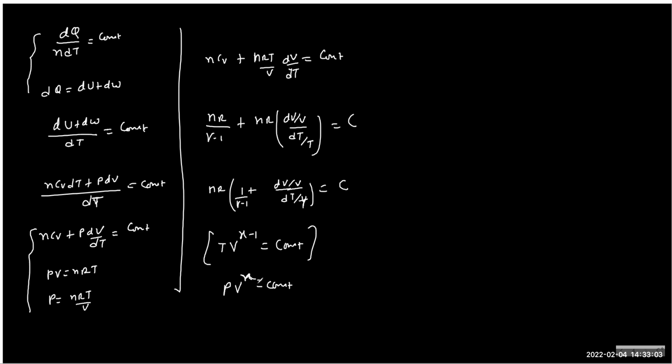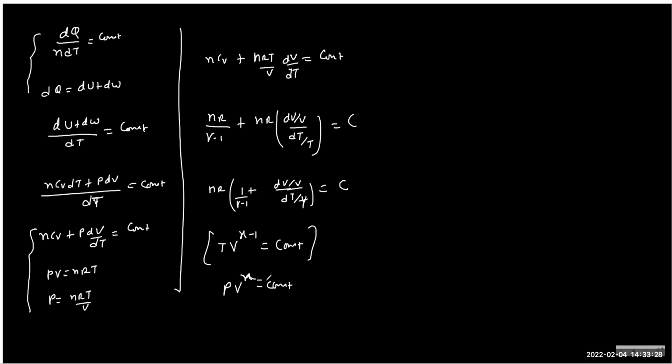There are multiple ways to derive. I just took a different path, but we can derive it. It's not difficult. So that is how we prove that it's the formula for a polytropic process. So the whole idea is simple. Unless the molar heat capacity is constant, we cannot say polytropic.